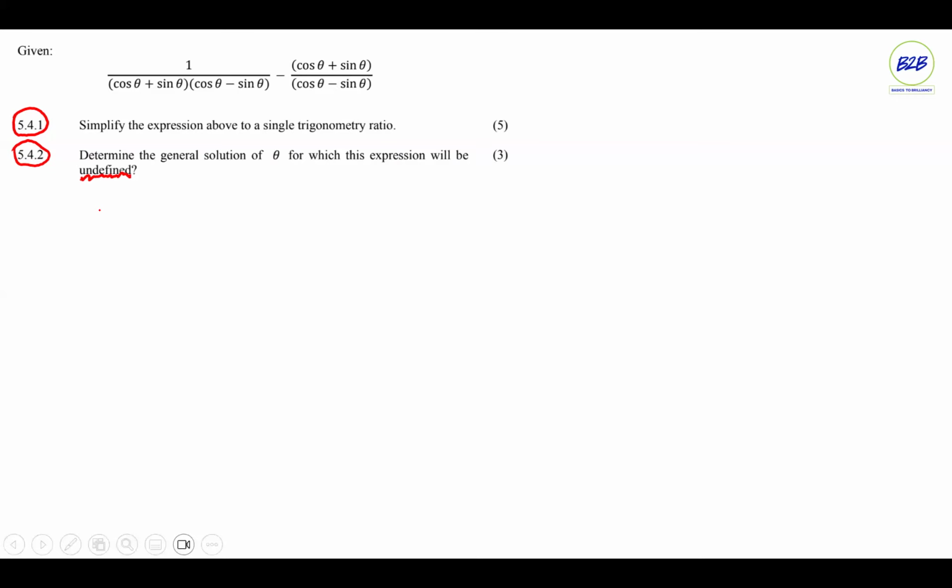That simply means the denominator there must be equal to 0. The moment we have 0 at the denominator as the only term, then we know that the expression is undefined. It gives us an error, basically.